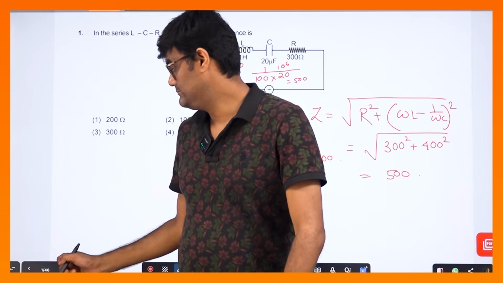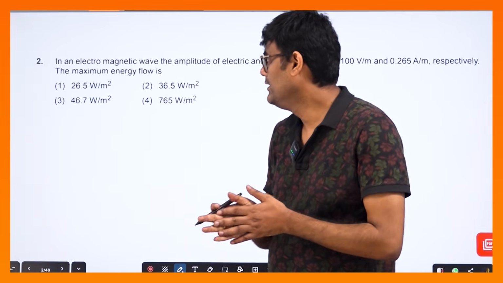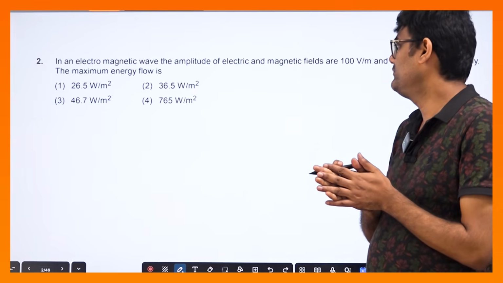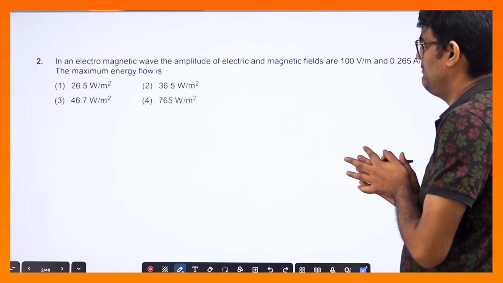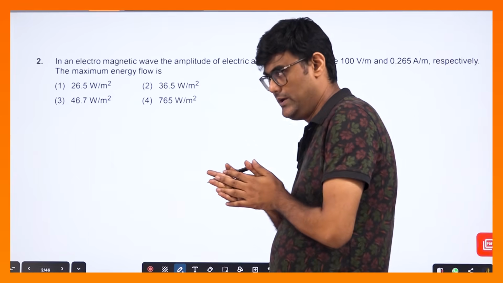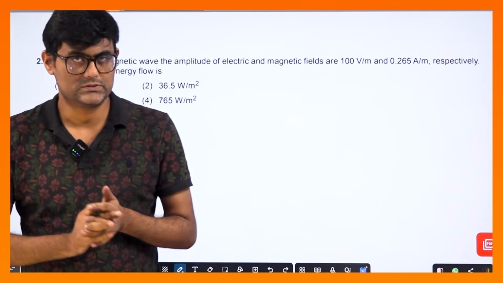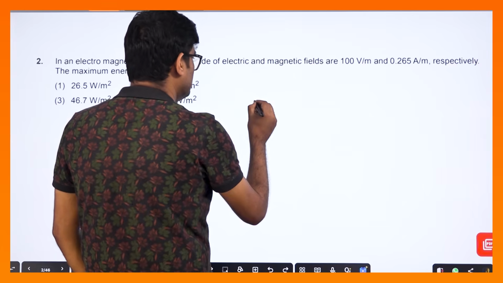Let's move to the next one. In an electromagnetic wave, the amplitude of electric and magnetic fields are given. The maximum energy flow is, okay. So in this question, what is the intensity?